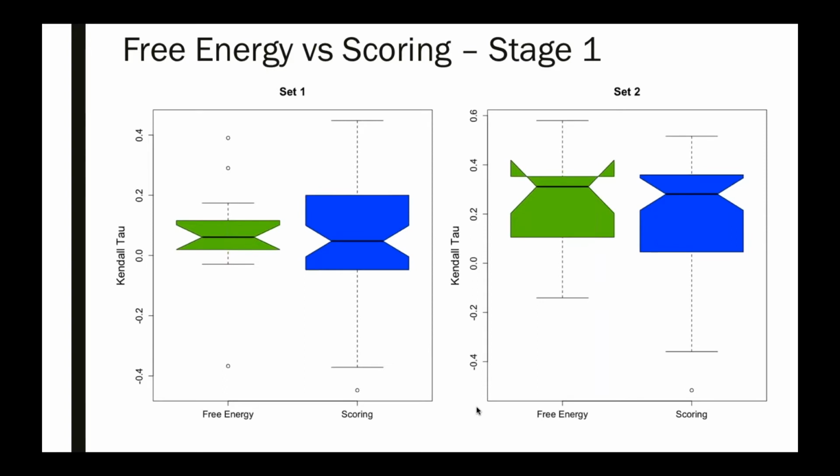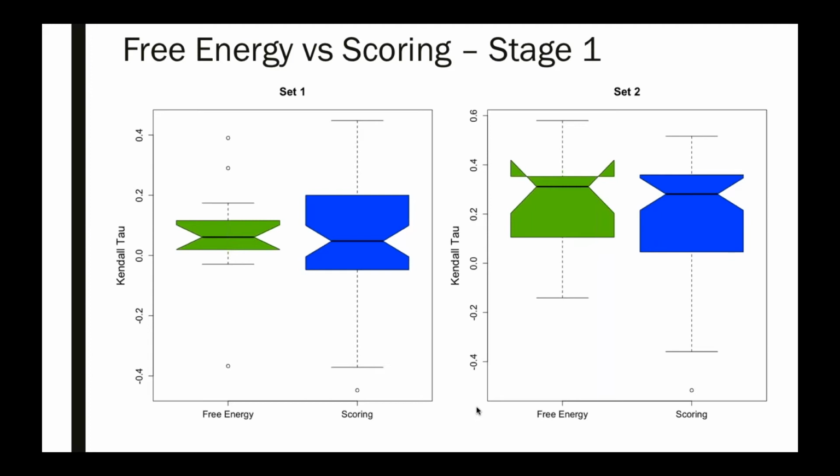So what we're looking at here is a comparison of the Kendall taus for scoring versus free energy. It's free energy on the left in green, scoring on the right in blue, and we're just looking at the differences here.